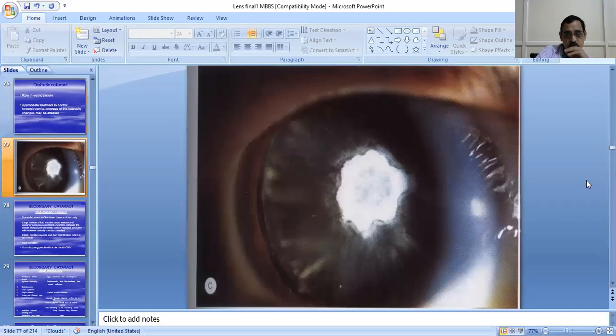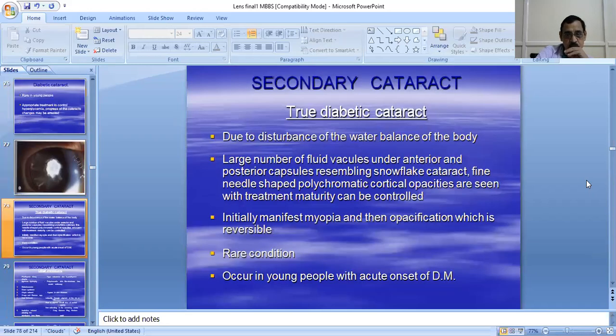True diabetic cataract is due to disturbances of the water balance of the body. A large number of fluid vacuoles under the anterior and posterior capsules, resembling snowflake cataract, can occur, and fine needle-shaped polychromatic crystals or cortical opacities are seen.